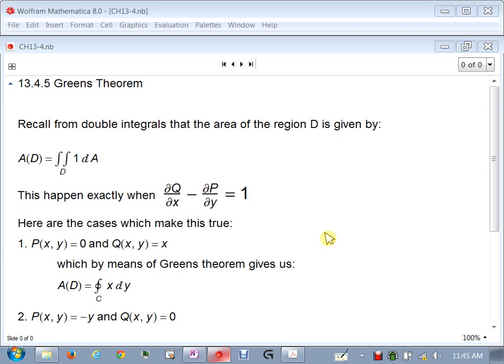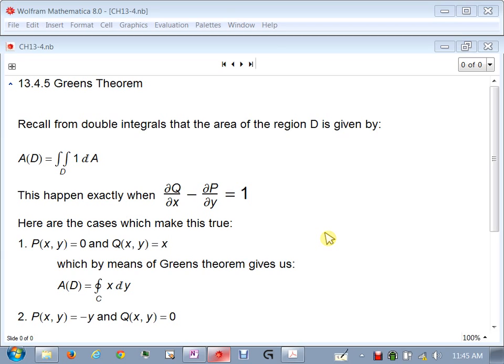That's the part that's inside Green's theorem. So what I'm saying here is the area formula will happen exactly when partial of Q with respect to X minus partial P with respect to Y is 1. Do you all agree with that? If this right here is 1, then you basically get this area formula. So what would P and Q have to be so that when you did the partials you got 1?